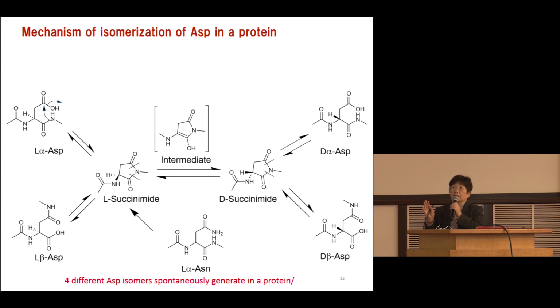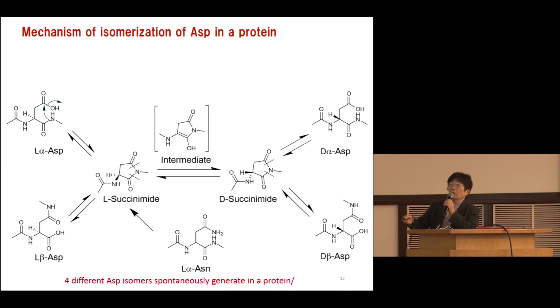Normally, inversion of L amino acid to D amino acid is very difficult under physiological conditions. But aspartic acid is very easy to invert.